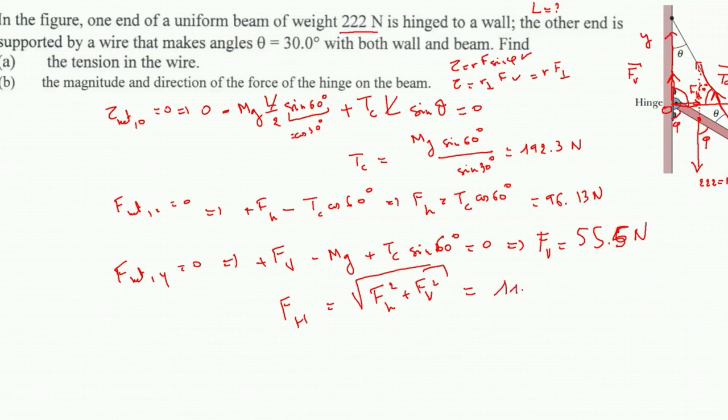I get 11.11 Newton. Now the angle is straightforward: the inverse tangent of the Y component, F vertical, divided by the X component, F horizontal, gives you 30 degrees.